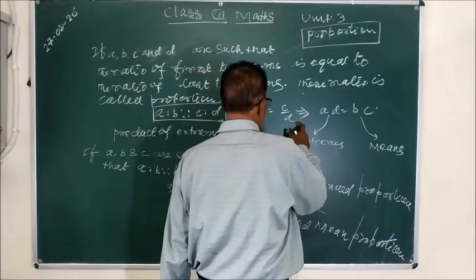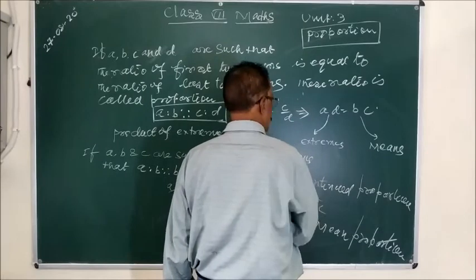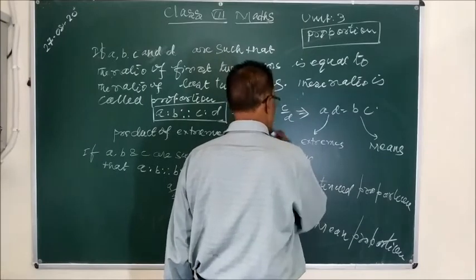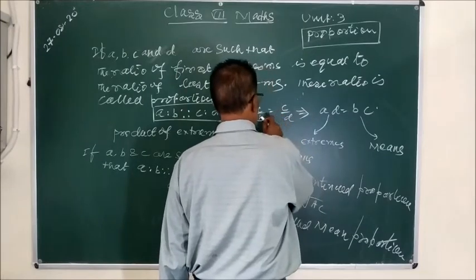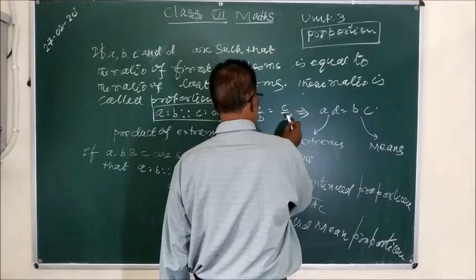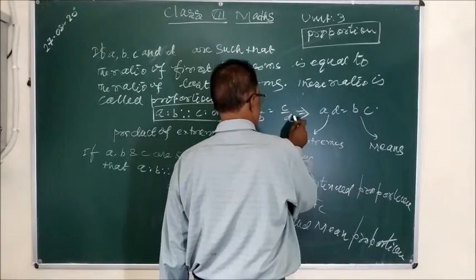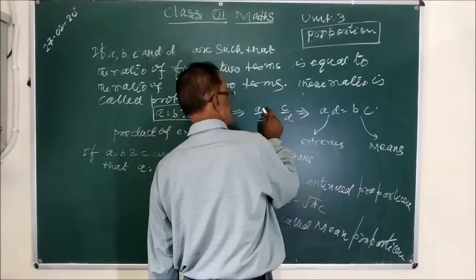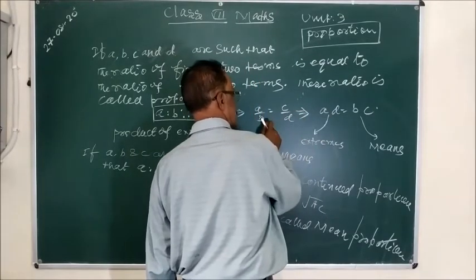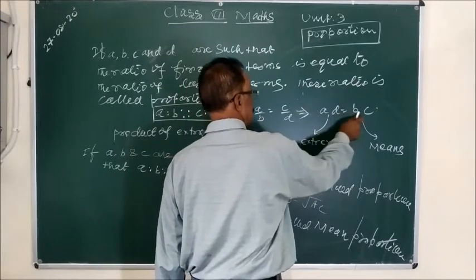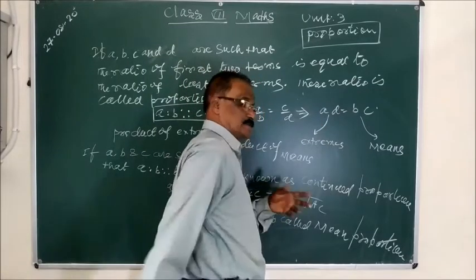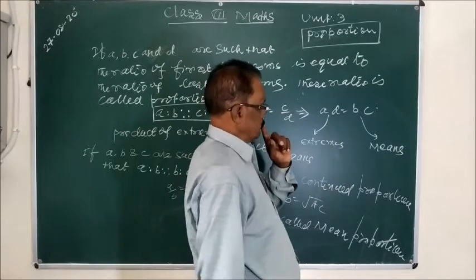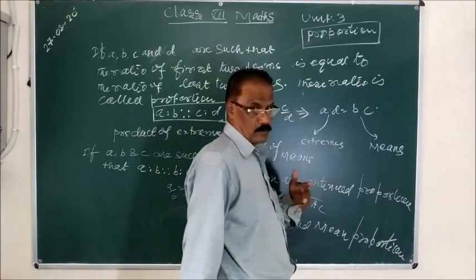A into D, we can get it by crossing like this, and there is another way: we transfer this to the other side. So this is a division, so here it will be multiplication. You can understand it like this because you don't know about cross multiplication yet.